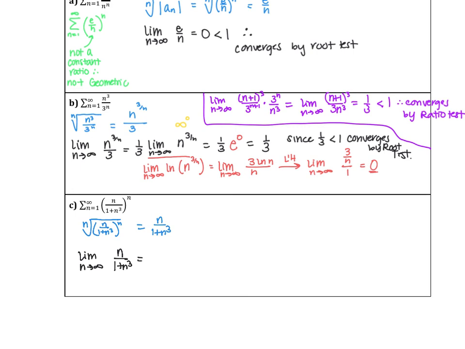And we know that it grows significantly faster in the denominator. So therefore this would be 0, which is less than 1. So this converges by the root test. And there you go, the ratio and the root test.